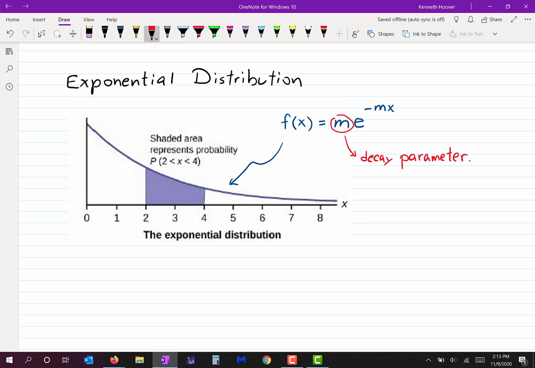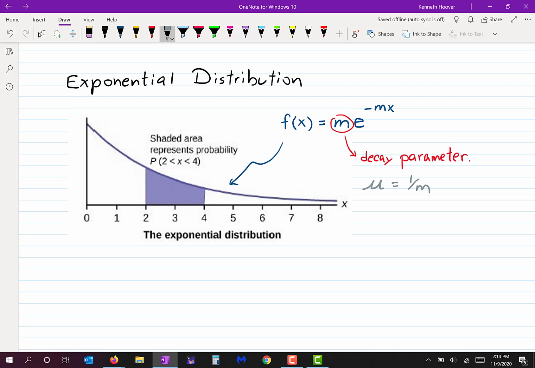And here's something really interesting. When you have an exponential distribution, the average mu is simply equal to m. Sorry, it is not. That's 1 over m.